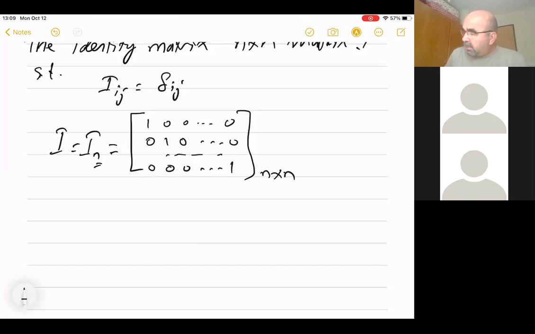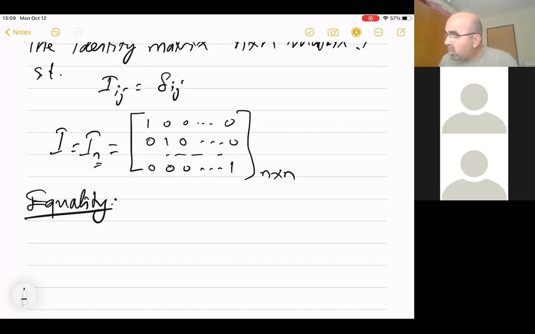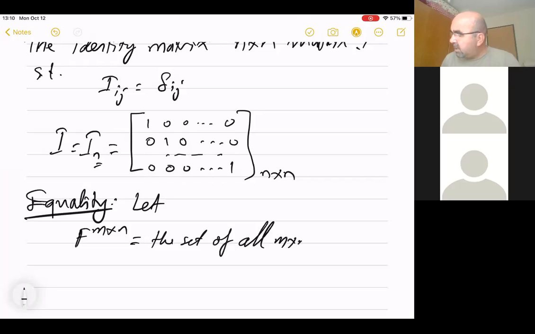How about the equality of two matrices? By the way, let me say before this, let F^(m cross n) be the set of all m cross n matrices, where F is the field, as we said. Usually, it's the real numbers.